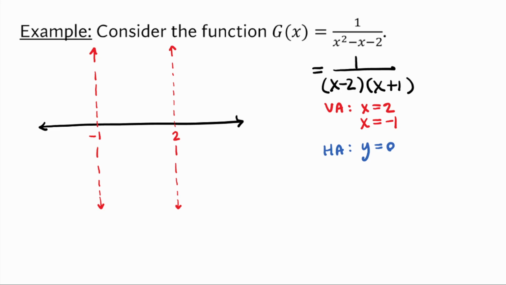And if we take 1 and keep dividing it by a bigger and bigger number, that's going to leave us with a smaller and smaller quotient, really without limit. We could say that we're going to get as close to 0 as we like by taking sufficiently large values of x in either the positive or negative direction. And so that's why the horizontal asymptote of this thing is going to be y equals 0.